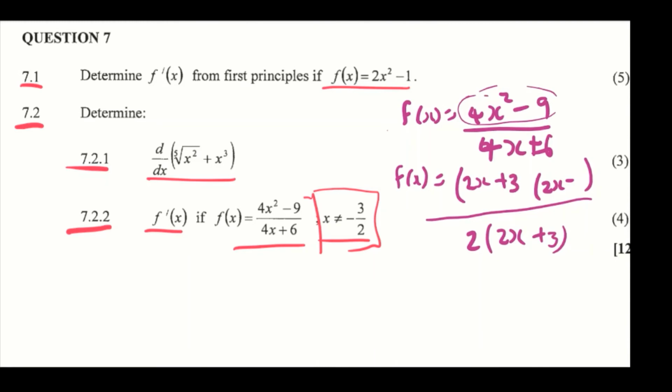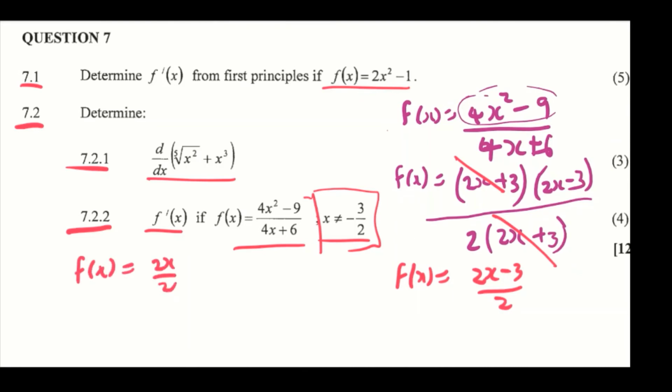So it's supposed to be 3 and 3 there, right? And yeah, thank you. So what's gonna happen is this will divide out with this, and f of x will be 2x minus 3 over 2. So we divide that 2, we have f of x being equal to 2x over 2 minus 3 over 2, which means f of x is equal to x minus 3 over 2.